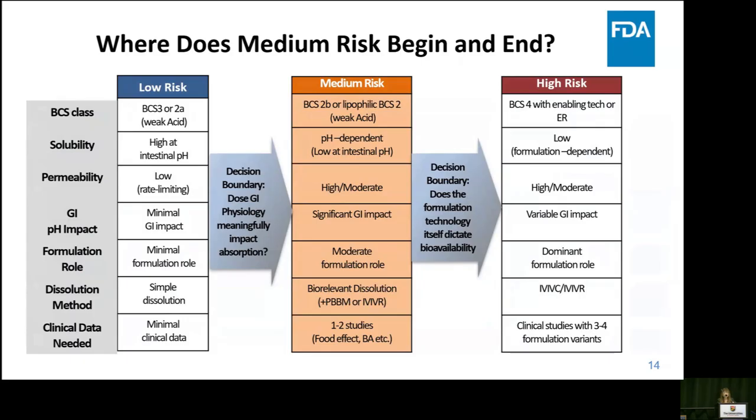And then the key question separating medium risk from high risk is whether the formulation technology itself controls the bioavailability. So for medium risk drug products, the formulation is usually an immediate release, conventional formulation, nothing fancy, no dissolution or solubilization technology used.